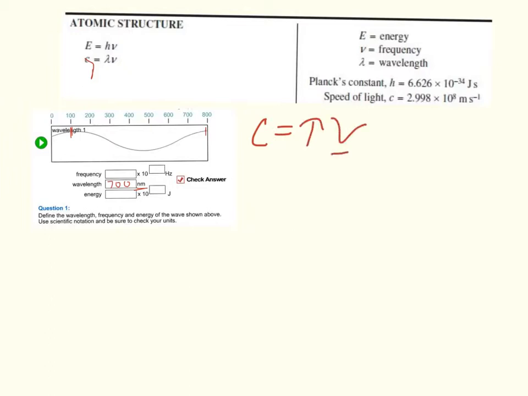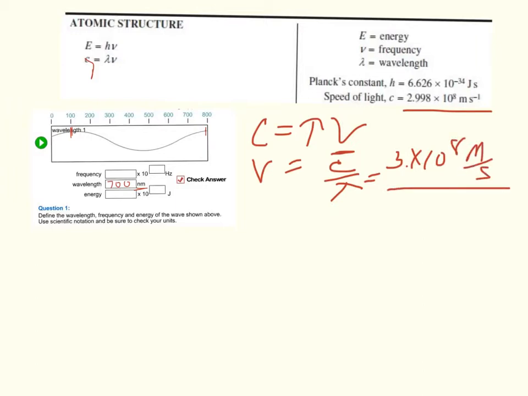What I'm trying to find is the frequency. So frequency is going to be c over lambda. And it tells me right here that the speed of light is 2.998 times 10 to the 8th meters per second. And I always use 3 times 10 to the 8th meters per second. Okay? And I'm going to divide that by the wavelength.